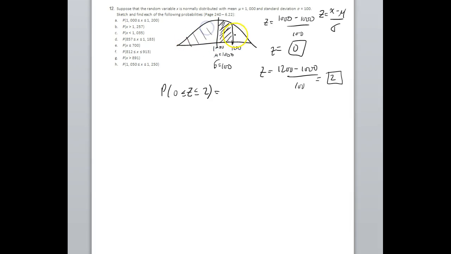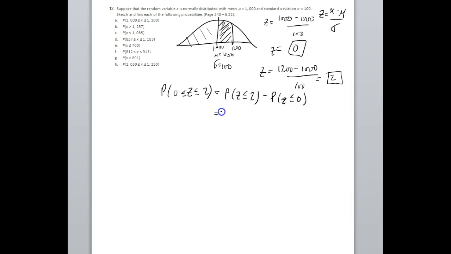Because the probability that z is less than 2 gives us the whole left-hand side, and then we subtract off the portion that we don't want, which is the probability that z is less than 0.